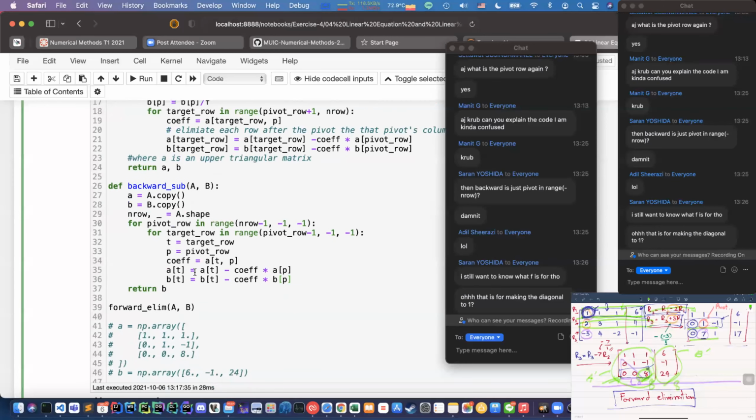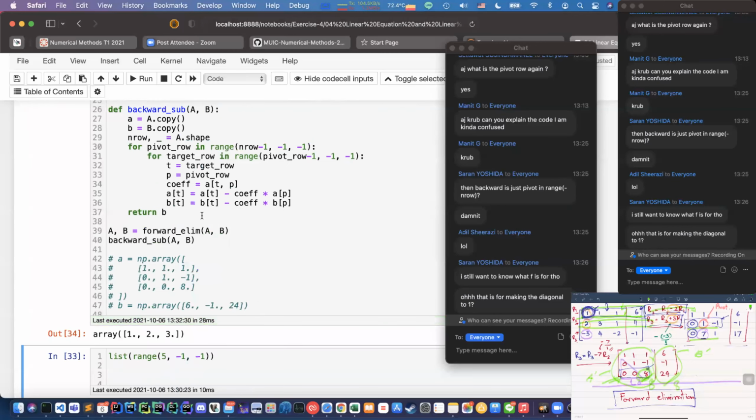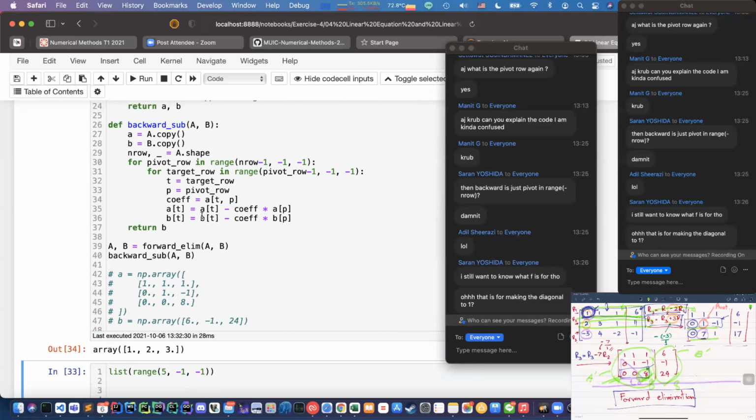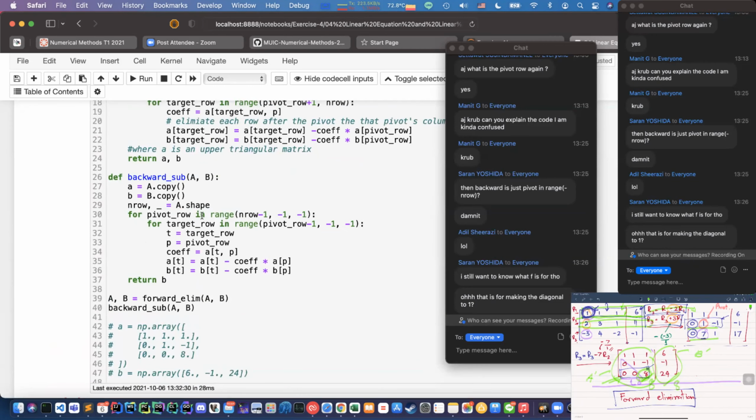This should be all I need. The code looks magical, right?